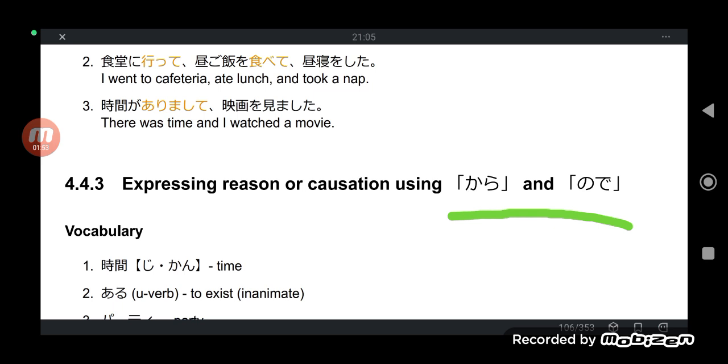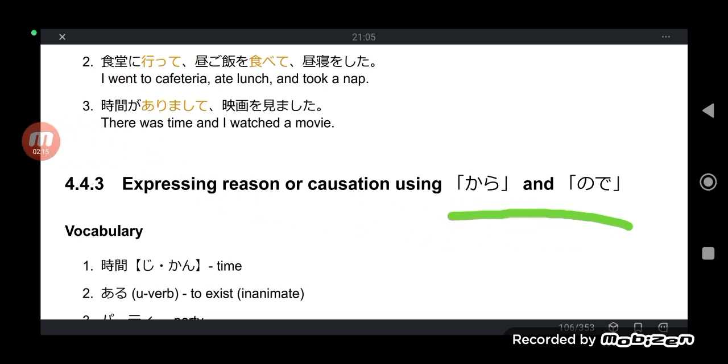Well, today, the next topic for that is this: expressing reason or causation using the particles kara and node. Actually, these are combination particles, kara and node.